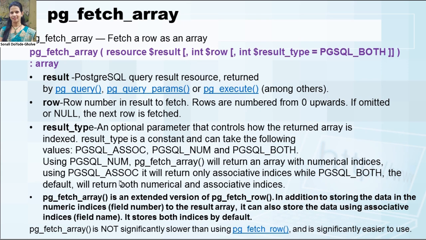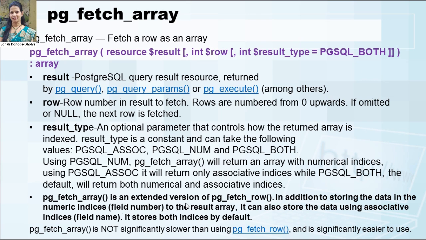When there is a PGSQL_ASSOC, it will return only associative indices. While PGSQL_BOTH, the default, will return both the numerical and the associative indices. It will return both. Okay, in the syntax you have written PGSQL_BOTH, so it will return both.